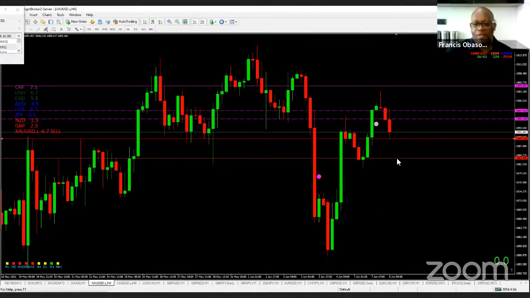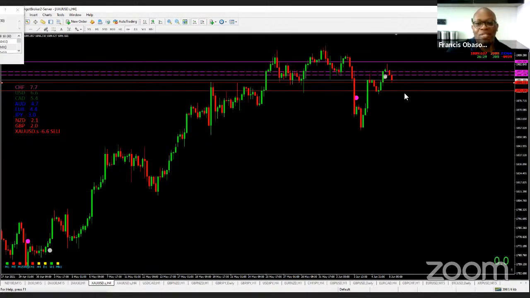Now, if it breaks here, believe me, this baby is gonna go all the way down, which I doubt. I doubt that would happen because gold is in a good trend at the moment. A good upward trend.